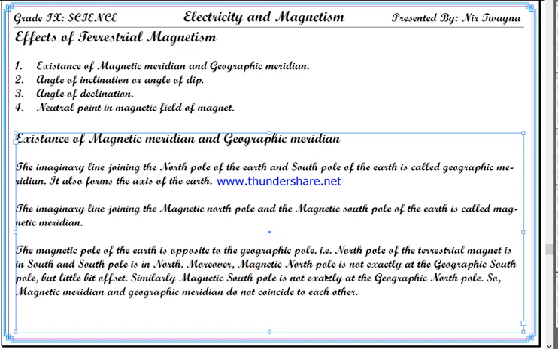Moreover, magnetic north pole is not exactly at the geographic south pole, but little bit offset. Similarly, magnetic south pole is not exactly at the geographic north pole. So, magnetic meridian and geographic meridian do not coincide to each other.